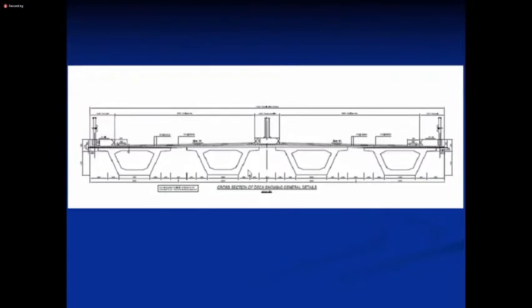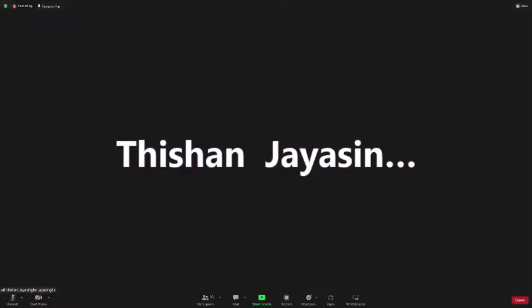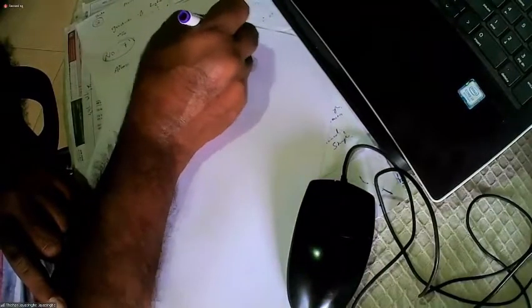This was not promoted by anybody, so it was a government project, RDA project, by a Chinese contractor. The original RDA design was like this. The original RDA design was like this. It had only 10 numbers of 30-meter spans.